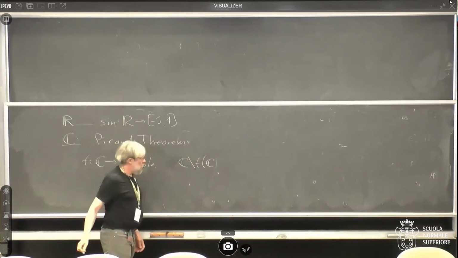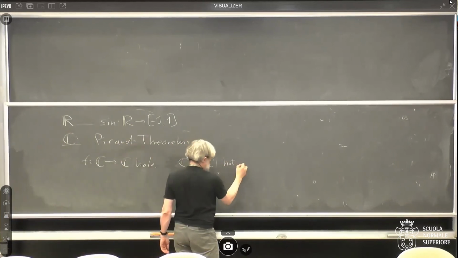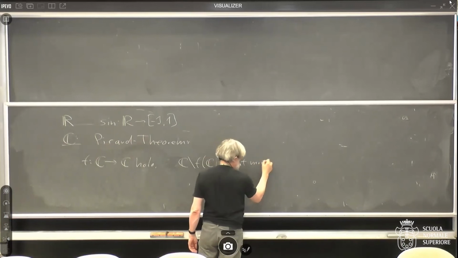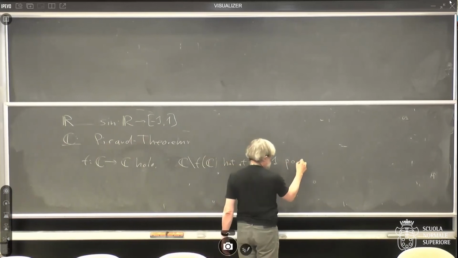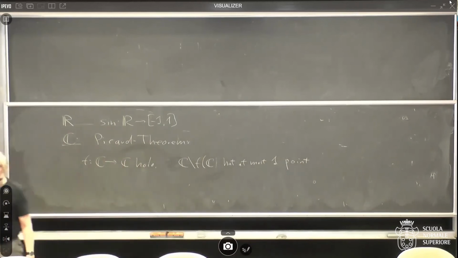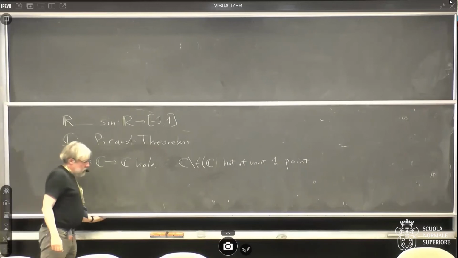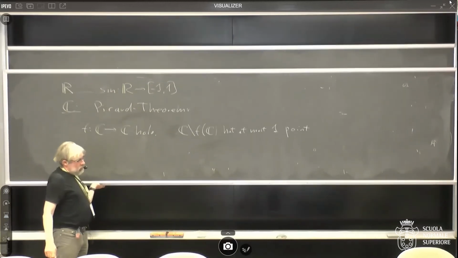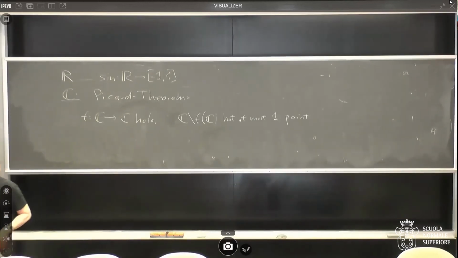Of course, you can avoid one point by taking the exponential function, but you cannot avoid more than one point with a non-constant holomorphic function. So the situation improves a lot from the reals to the complex, and one can raise the question, what happens if you go further?